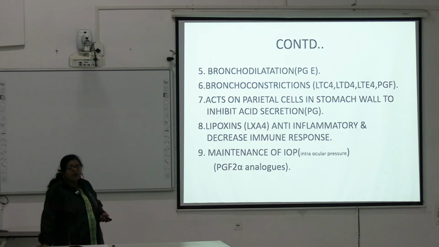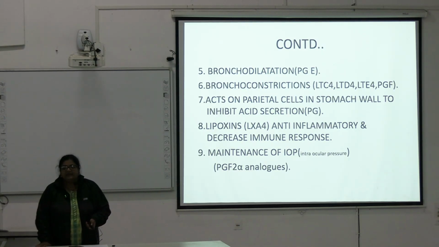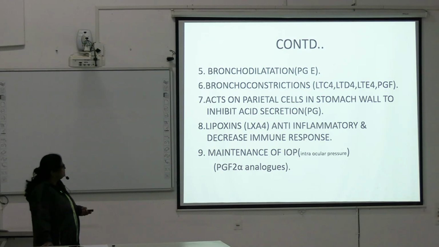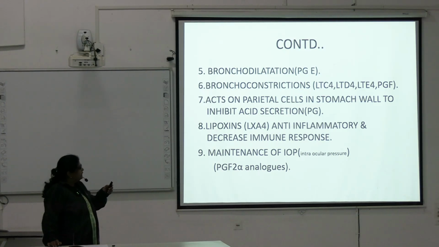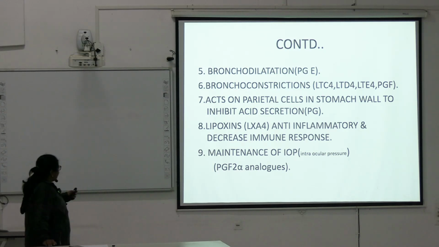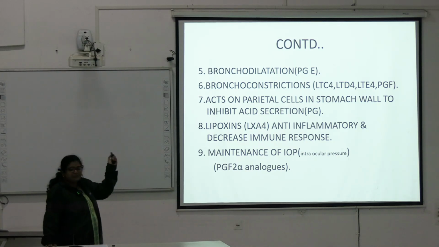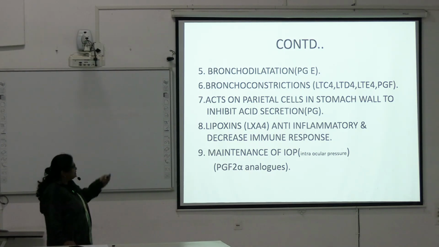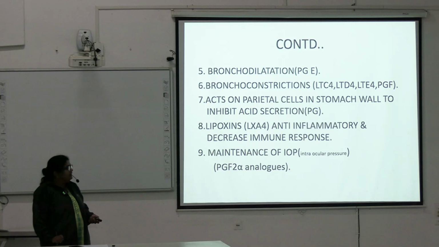Next, bronchodilation in asthma patients: prostaglandins are used, that is PGE. Bronchoconstriction is the opposite effect: bronchodilation by PGE, bronchoconstriction by leukotrienes, mainly leukotrienes C4, D4, E4 and PGF.